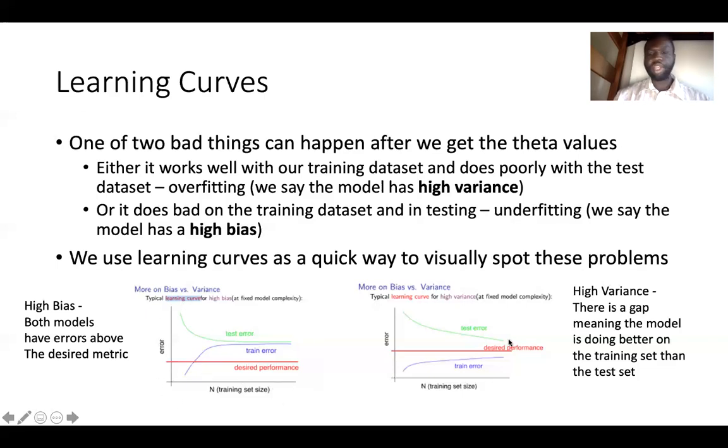And this one, on the other hand, has high variance, because there's a huge gap: the training error is below the desired performance, as in it's doing very well, and the testing error is way above it. That means I'm doing well on my practice test because I've seen all the answers, but I'm not doing well on the actual test. Does the distinction make sense?